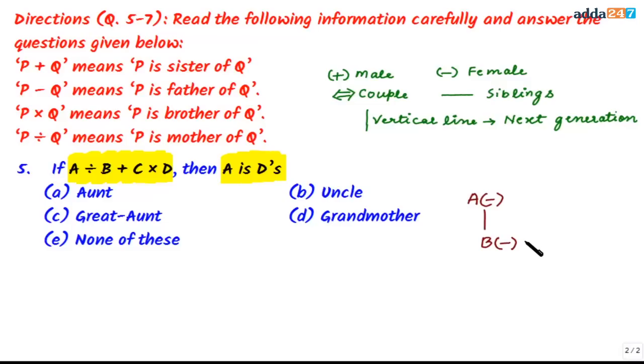And B is the sister of C means that B and C are siblings.